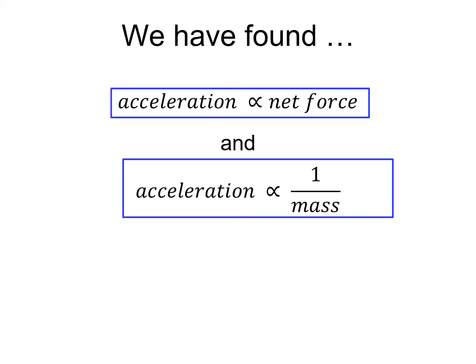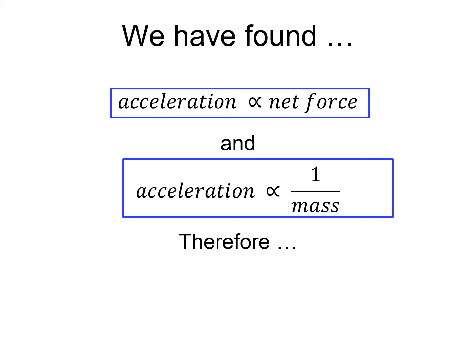So far we've seen that acceleration is directly proportional to net force applied to an object, and acceleration is inversely related to the mass of the object. You can actually combine these two proportionalities into a single equation.